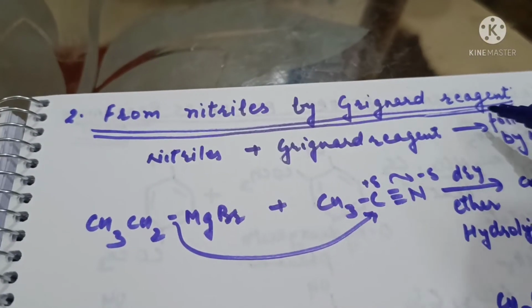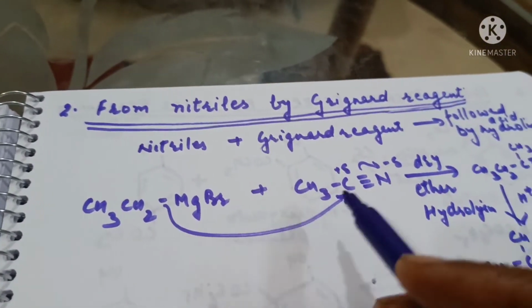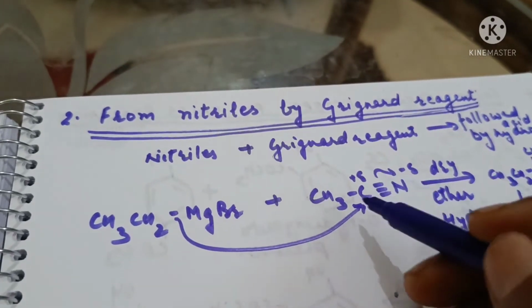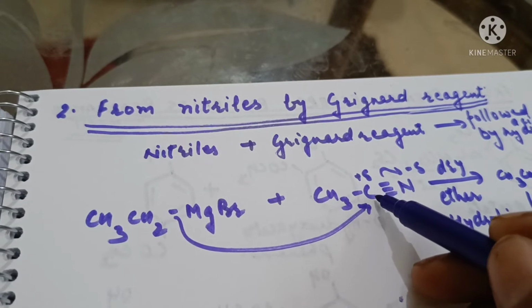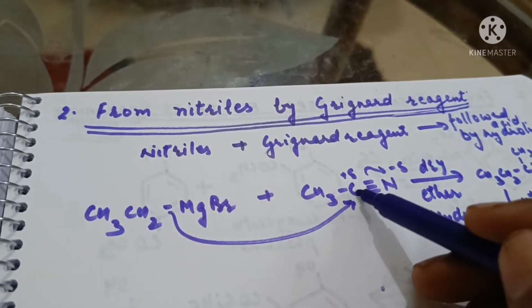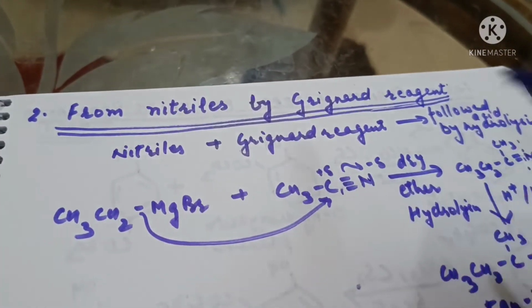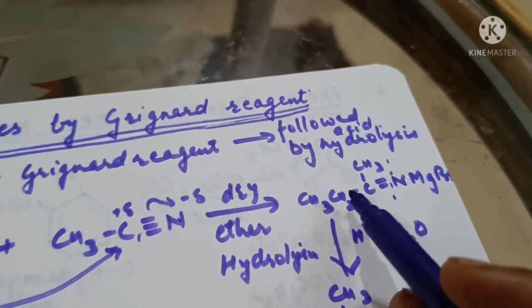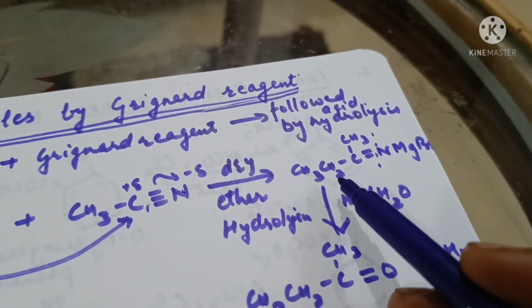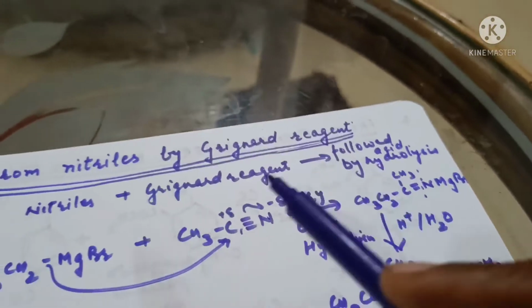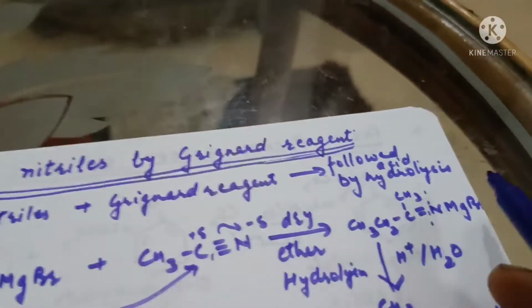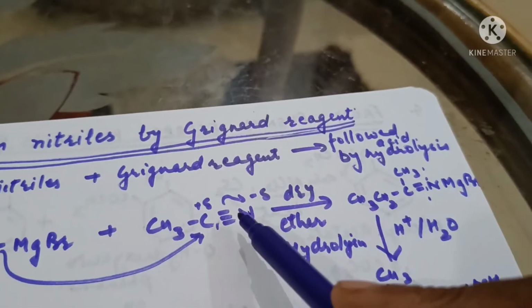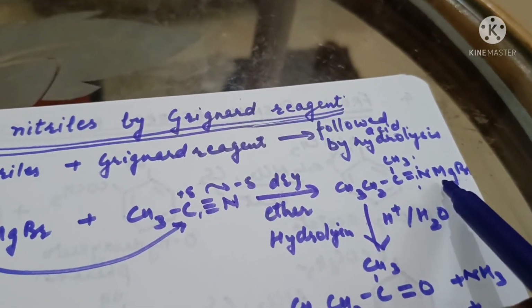From nitriles: Grignard reagent reacts with nitriles. The electrons of the pi bond move to nitrogen, positive charge comes here, so the ethyl group migrates here, MgBr goes to the nitrogen. We get this compound, CH3CH2C(CH3)=NMgBr.